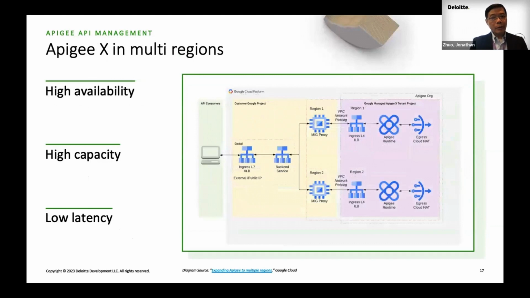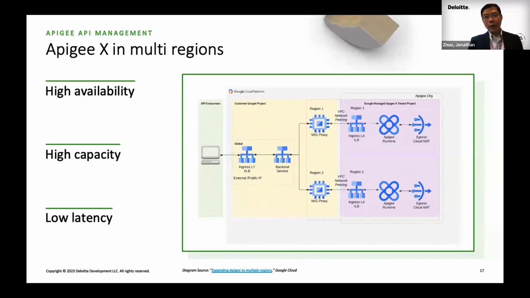Next, we are going to talk about multi-region. You can expand an Apigee organization across multiple regions, because multi-region expansion allows additional benefits. You will get high availability. In case of a region failure, traffic can still be served by the remaining regions, increasing the overall availability of your APIs. Another benefit is high capacity.